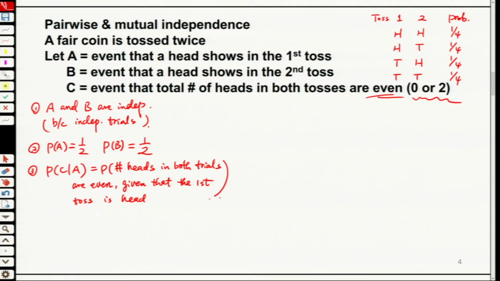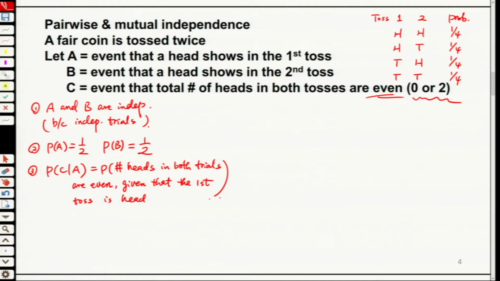So C is the number of heads in both trials being even, given that the first toss is a head, and both of them are even, right?